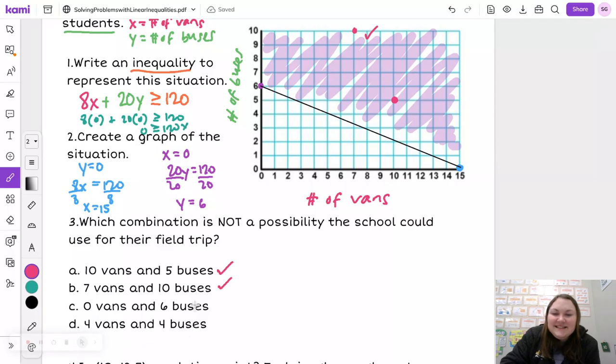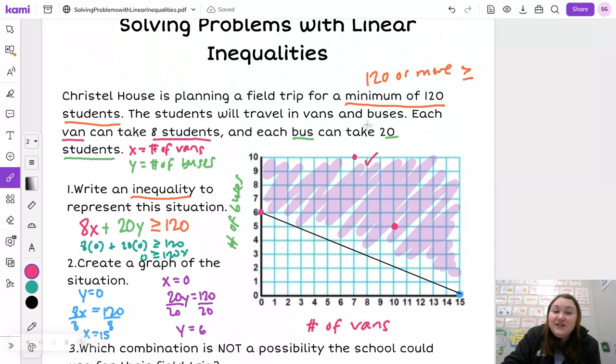0 vans and 6 buses. That's this point right here, my y-intercept. It's on the line, so for me to decide if this is going to be a solution, it depends what type of line we have. Because it's a solid line, that means any point on this line is going to be a solution. If you take 0 vans and 6 buses, each bus is 20 students, so that would be equal to 120 students.